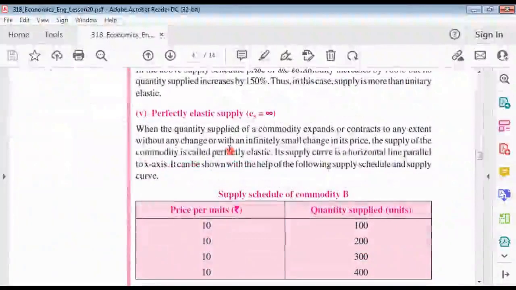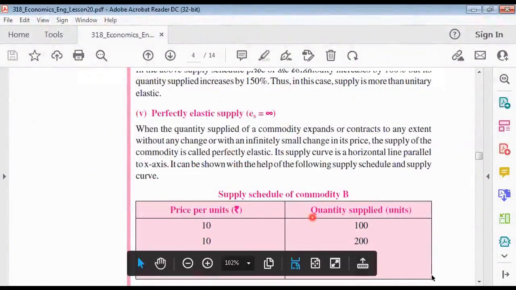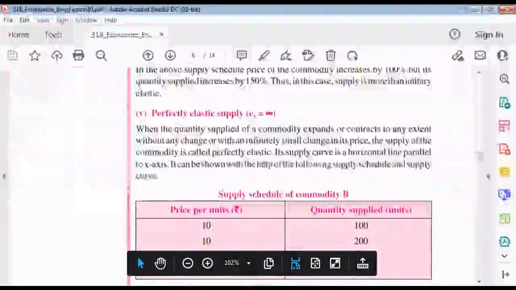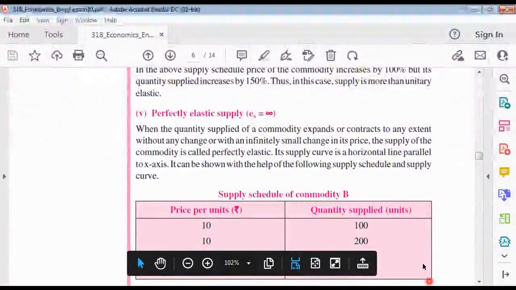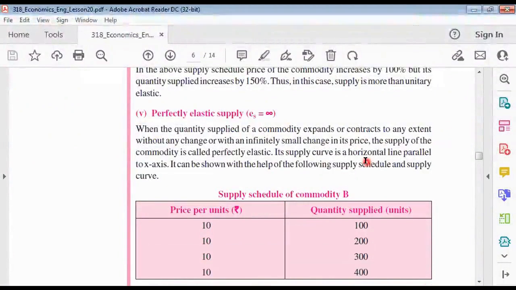And the last one is perfectly elastic supply. The value is equal to infinity. I'm in a hurry because my charge is at 11% now. Okay, so I'm almost through. And we have a case where ES is equal to infinity.